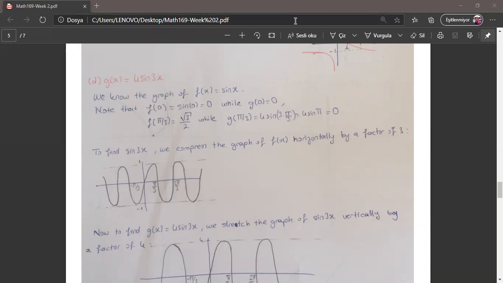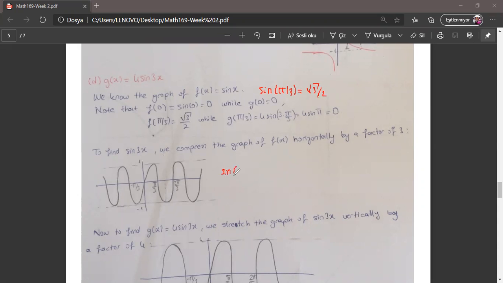There it was, so for pi over 2, we had this value, which is square root of, this is not important, but let's look at there.